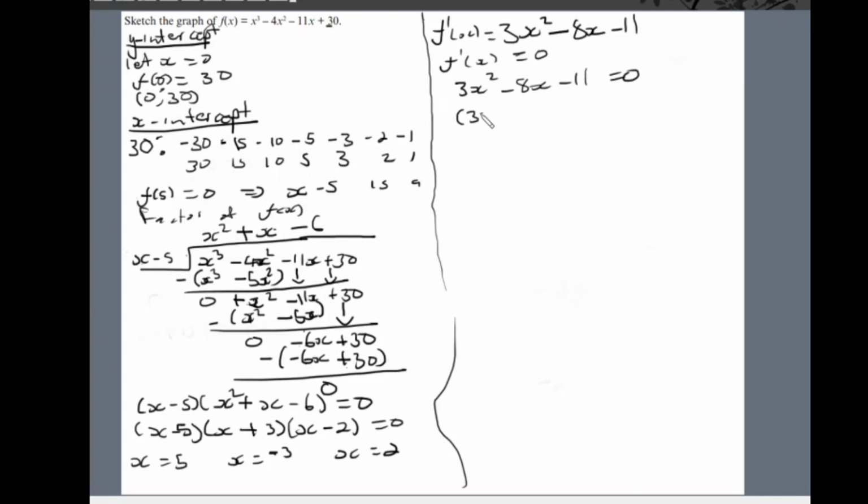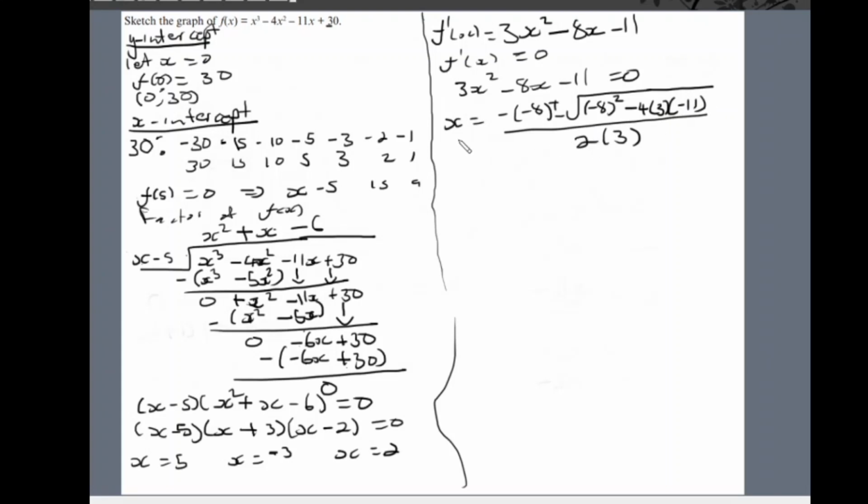Okay, let me just use the quadratic formula. I'll have x equals minus minus 8 plus or minus the square root of minus 8 squared minus 4 times 3 times minus 11, and then divided by 2 times 3.